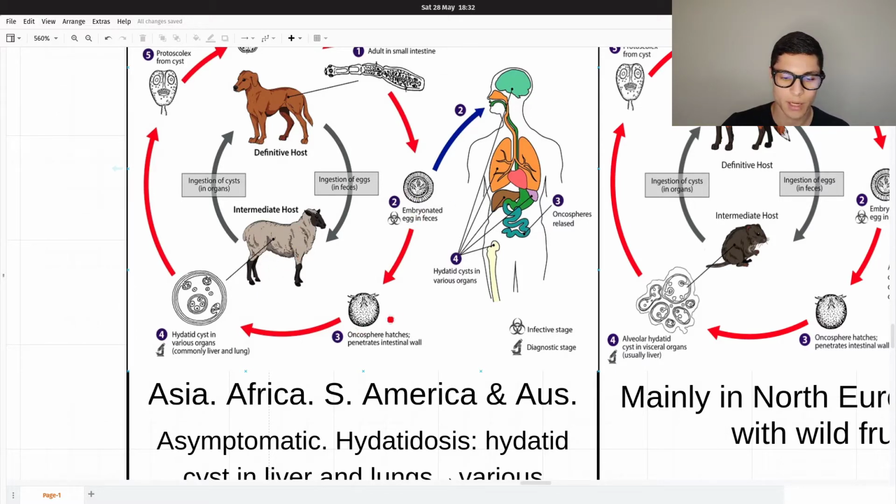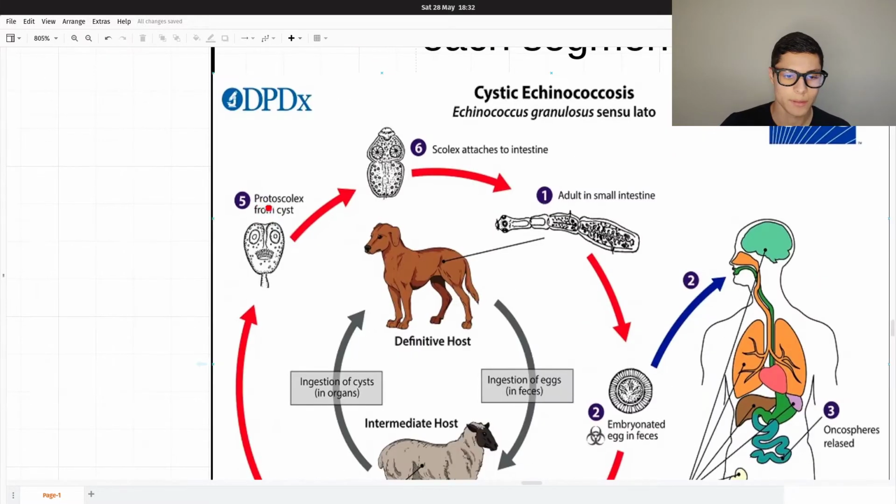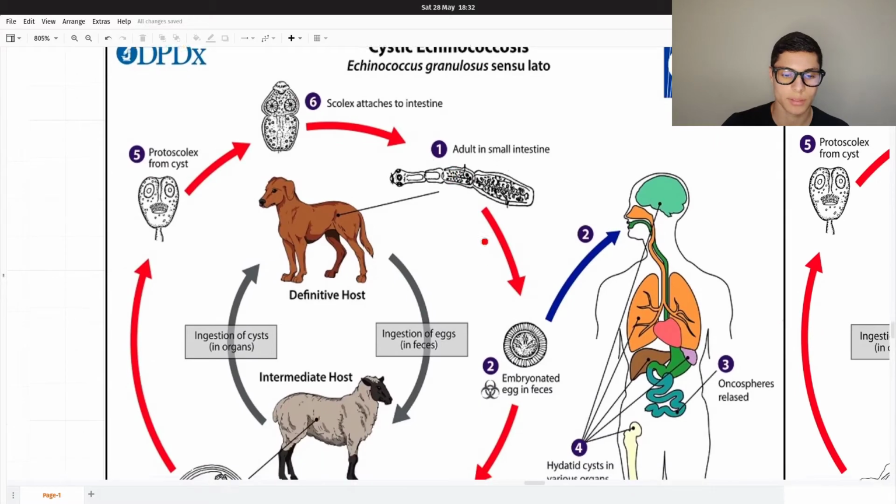So inside ourselves the oncosphere hatches and penetrates the intestinal wall. Then it forms the hydatid cyst in various organs. Then the protoscolex forms from the cyst and the scolex attaches to the intestine, and then the adult is created again.